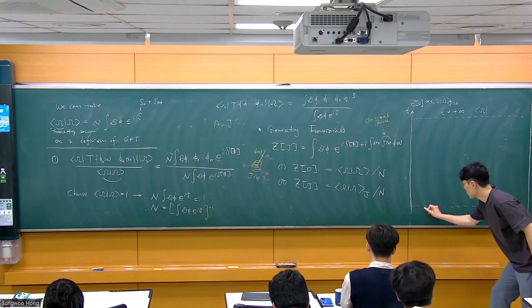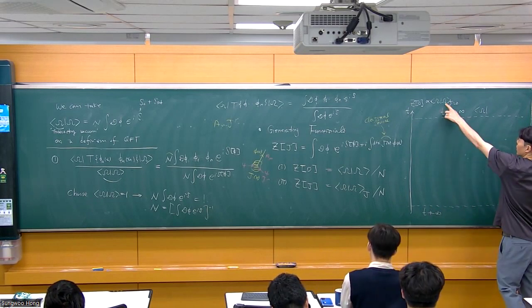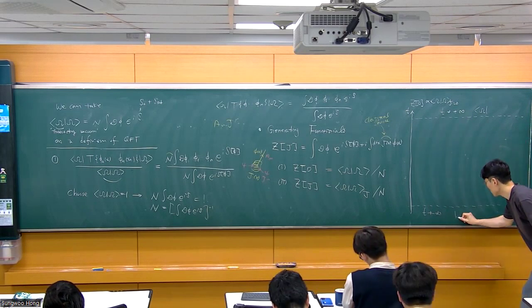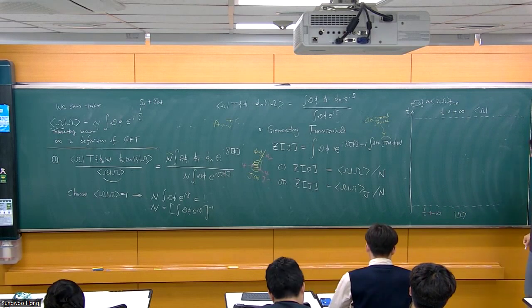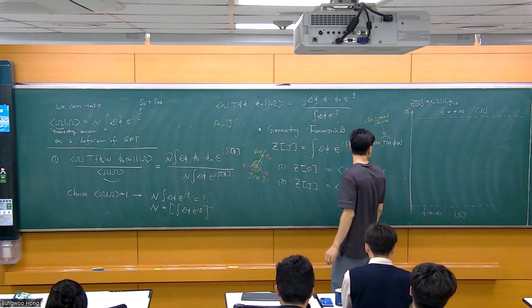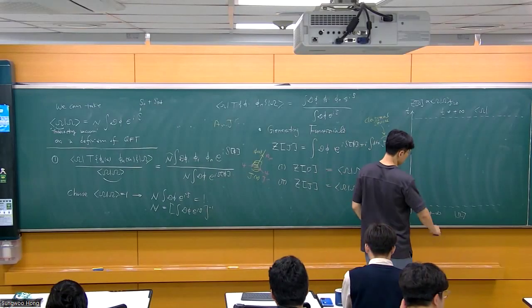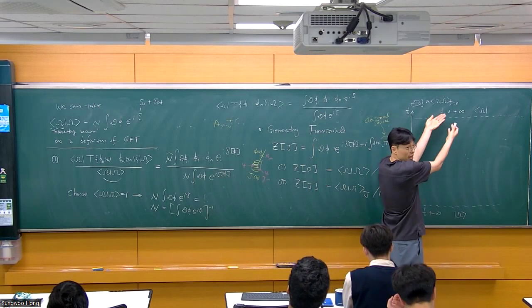Then I also want to look at t goes to minus infinity, the far past. I also want to see vacuum. Good. So in that case, you start out with a vacuum, right? And then you want to end with a vacuum.